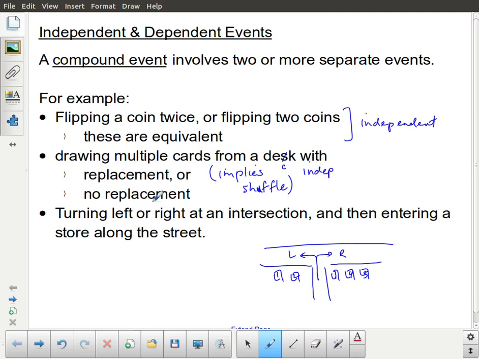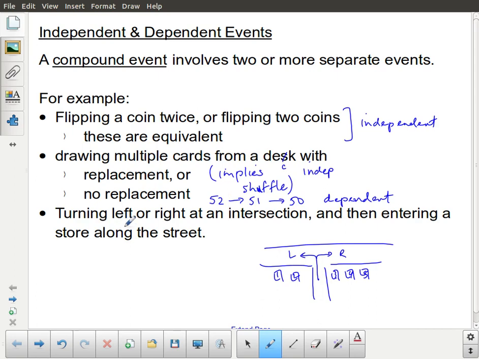If you have no replacement, a standard deck has 52 cards, but when you take out a card, that goes down to 51. And then you take out a card and that goes down to 50. So that's an example of a dependent event, or yes, a dependent compound event, because once you take out one card, that card is no longer available to you, and the number of cards that are still available has changed. So the probability is going to constantly be changing.